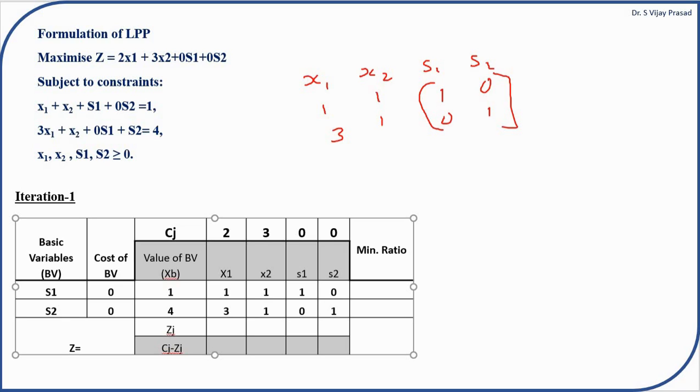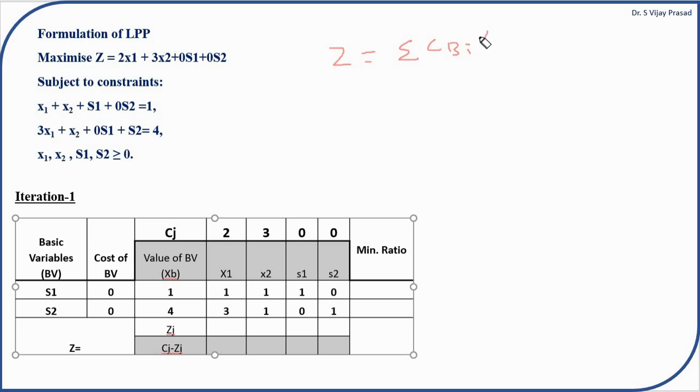After this, we are going to calculate the Z values and Zj values. Okay, how to calculate the Z value? Please look into the Z value. The formula of Z is Z equal to the sum of CBi into XBi. Let me type CB here. This is CBi into XBi; sum of the products you have to take.